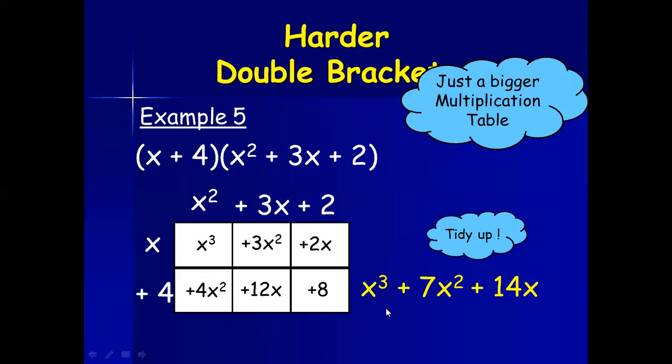And finally, 8 will be written as it is, so it will be plus 8. So we need to know, when we find an example like example 5, we must not panic. We must think clearly. It's just a bigger multiplication with the same steps.